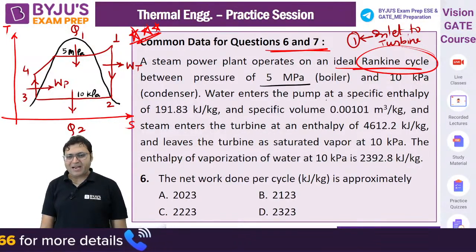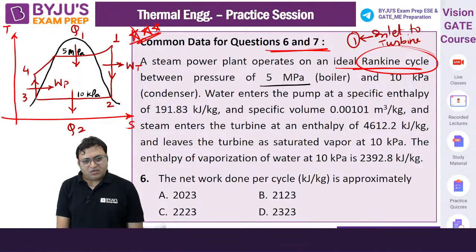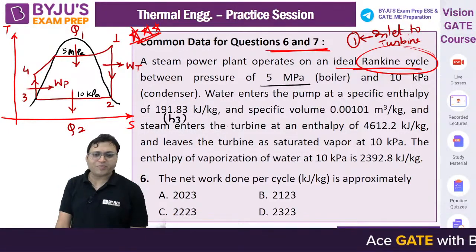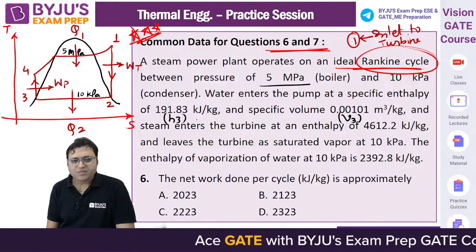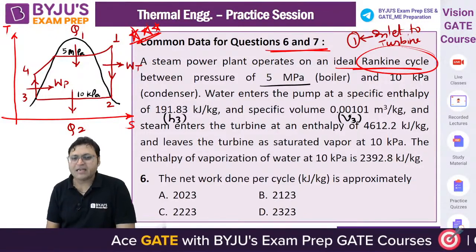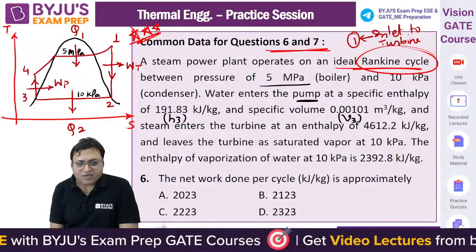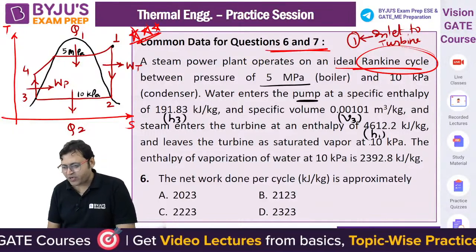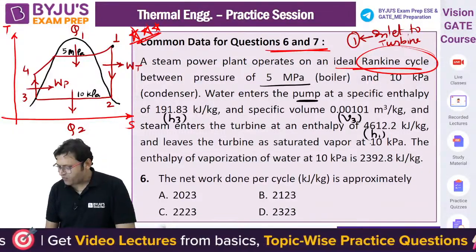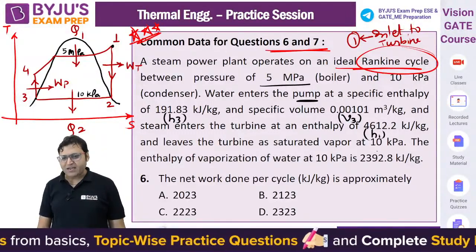Water enters the pump at a specific enthalpy of 191.83 kilojoule per kg, that is H3, and a specific volume V3. This is the inlet to the pump, and steam enters the turbine at an enthalpy of, that is H1, 3412.2, and leaves the turbine as a saturated vapor at 10 kilopascal.